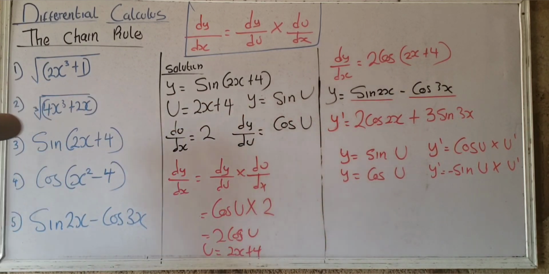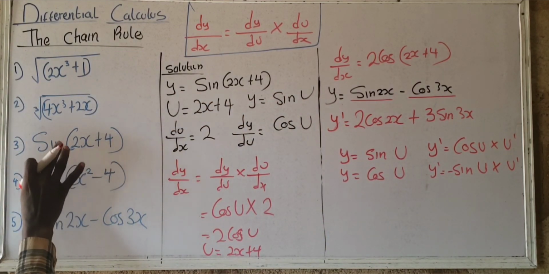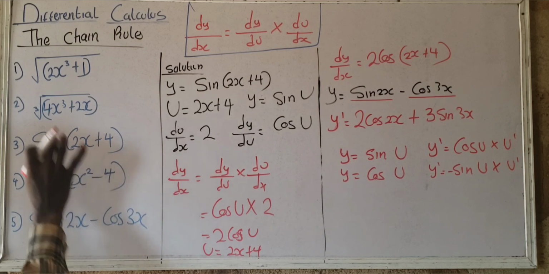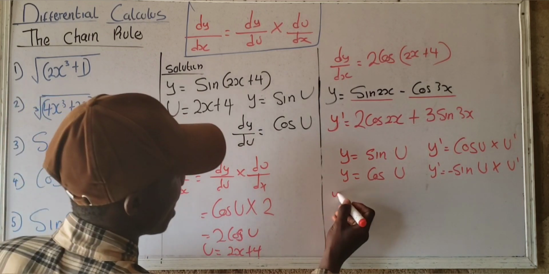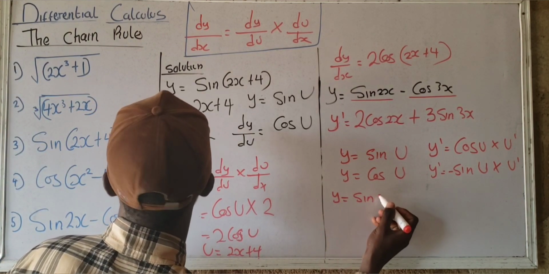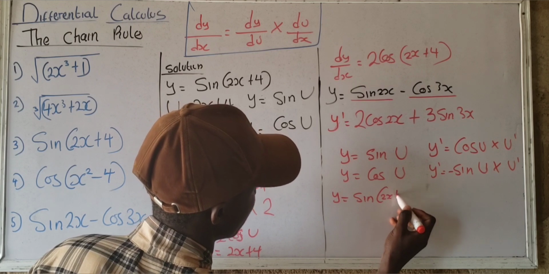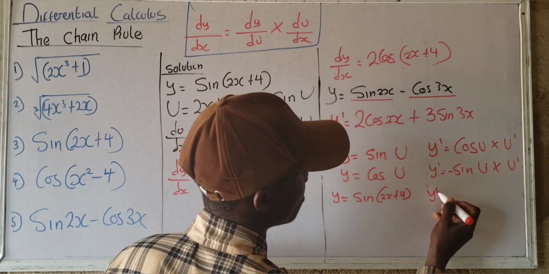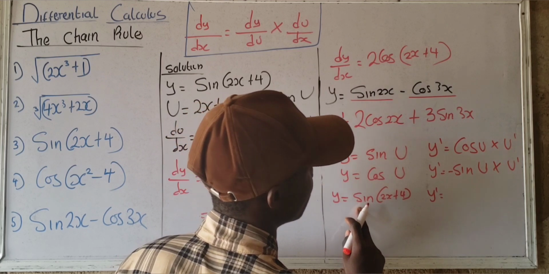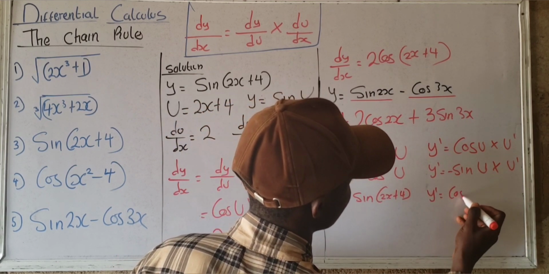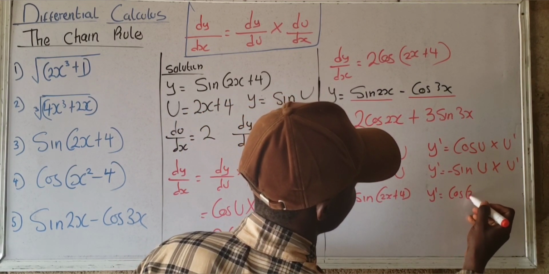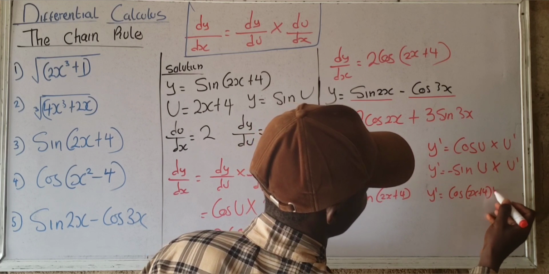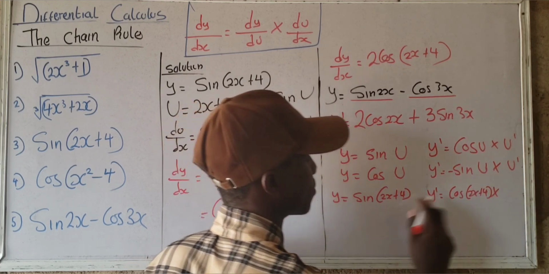Now, let us use this formula to differentiate this. We have y equals sine 2x plus 4. In this case, u is 2x plus 4. The derivative of y will be: sine will give cos. So I'm going to have cos of 2x plus 4 multiplied by the derivative of 2x plus 4, that is 2.